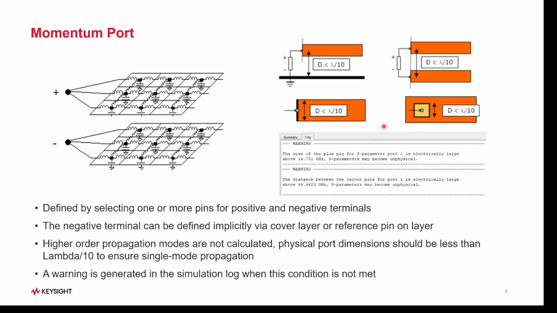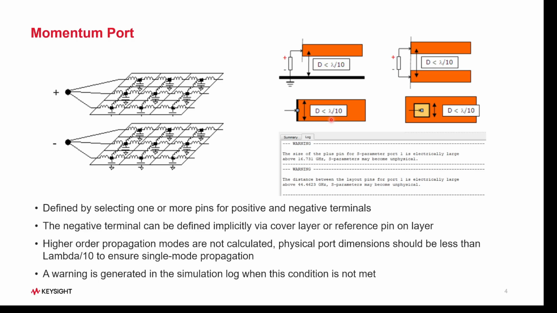You have constraints in terms of the port length, and also the edge width, and also the area, essentially the dimension of the area in the case of area pins. In all these cases, this dimension needs to be lower than lambda over 10 at the maximum frequency.